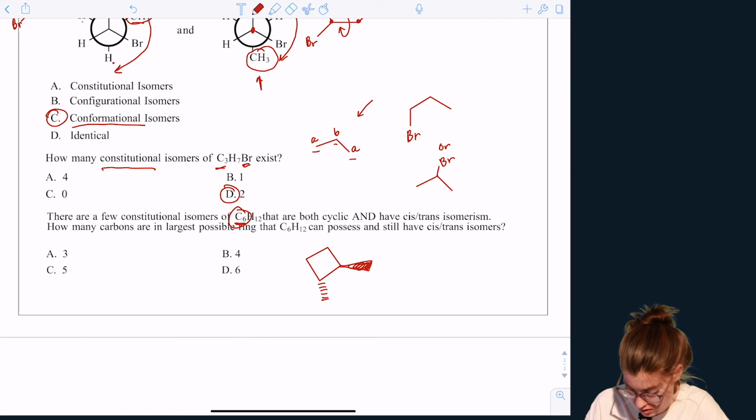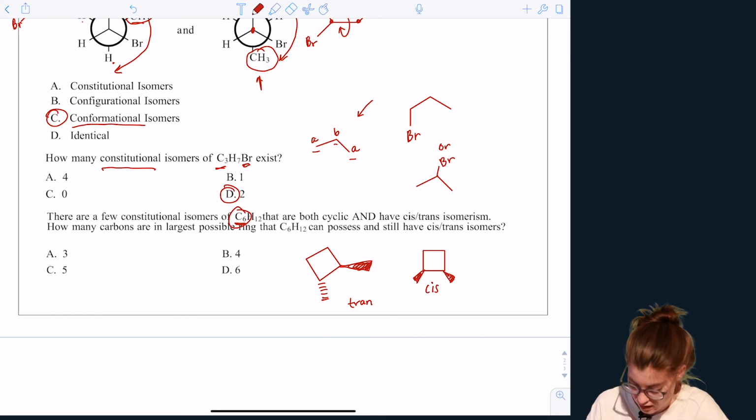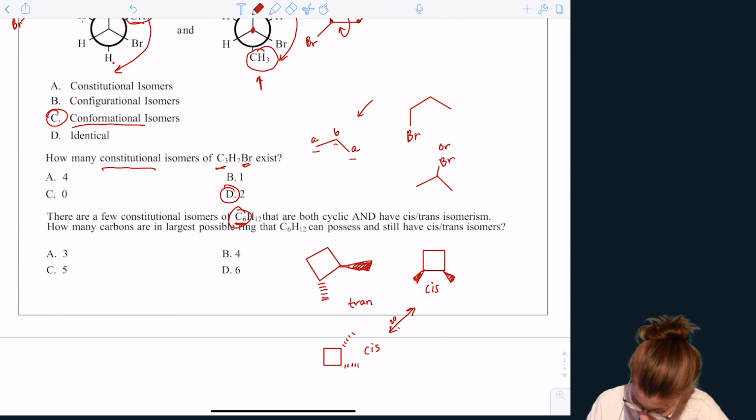And that will leave me with 1 carbon to be a substituent and another carbon to be a substituent, okay? So in this case, I have the trans written, and in this case, I have a cis written. Okay, but I could have drawn it this way as well, and that would have been exactly the same molecule. So these molecules are the same.